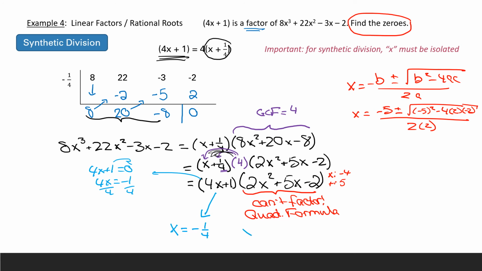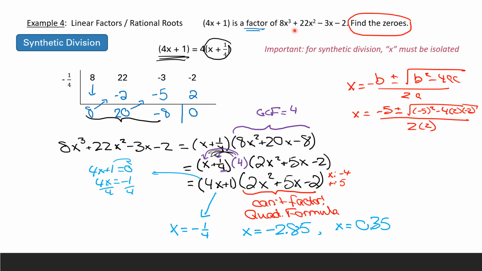I've got x equals, and we're going to use decimals because we use the quadratic formula, about -2.85. And we have a third one, x equals 0.35. So the original question was a cubic right here.